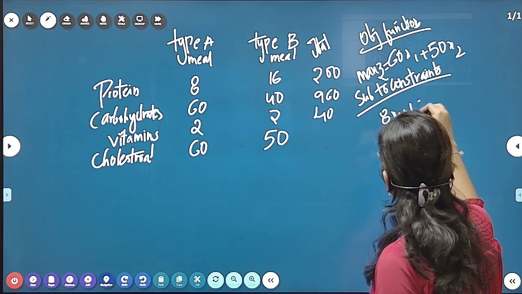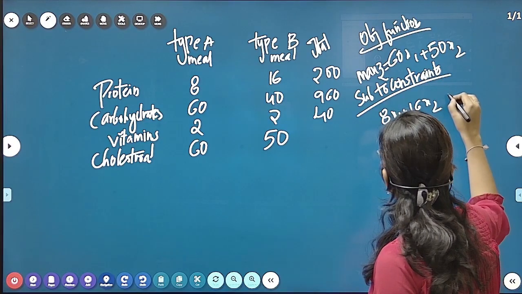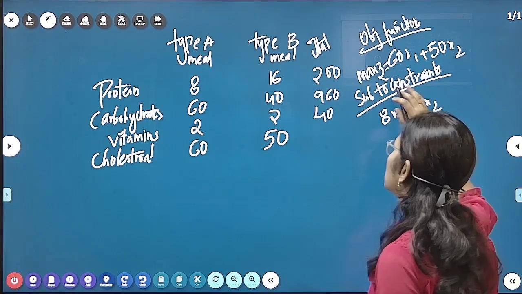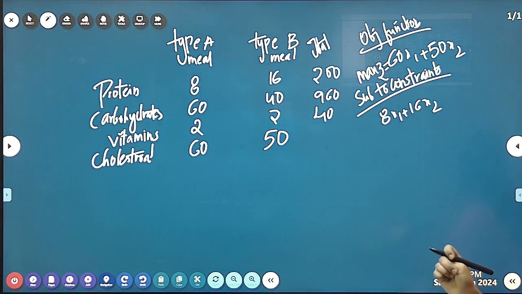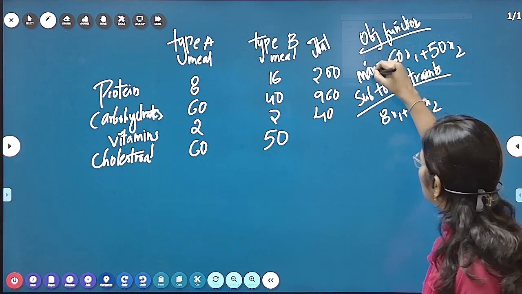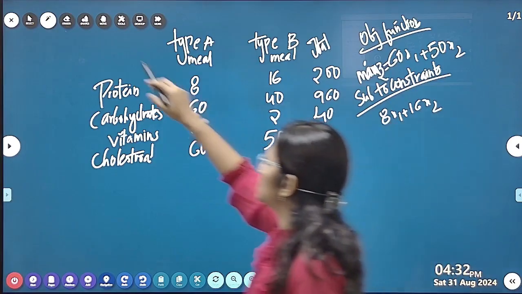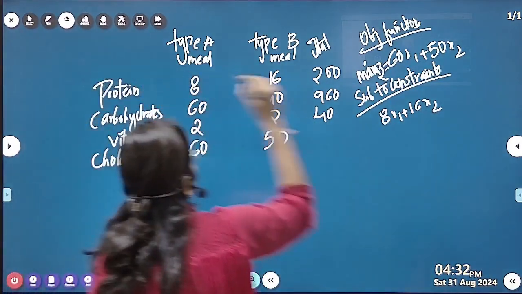tell me subject to constraint, 8x1 plus 16x2 should be at least, sorry, it may be more than this. Actually this will be minimization. Yes, it is not maximization, sorry, it is minimization.